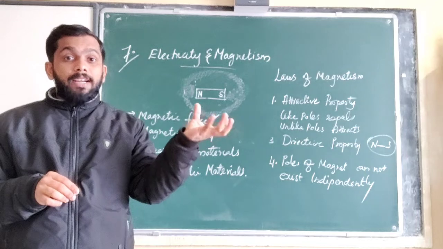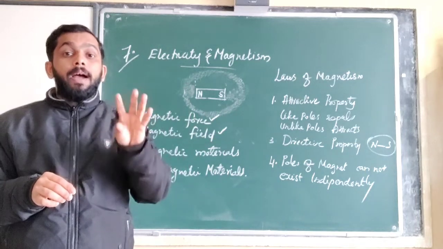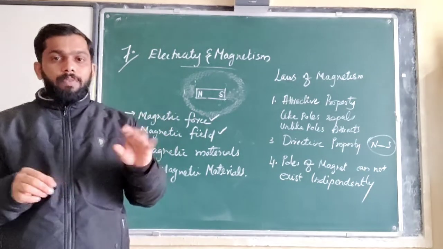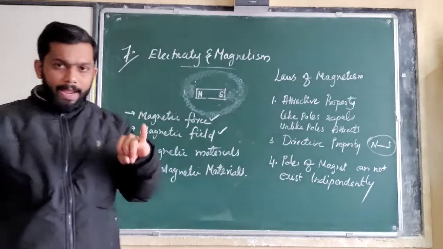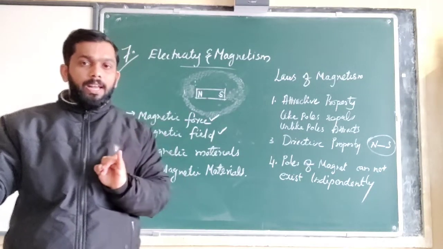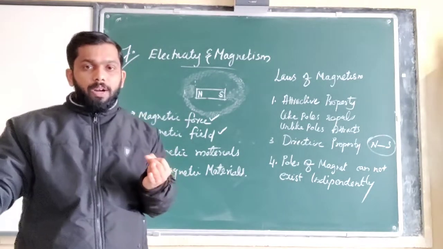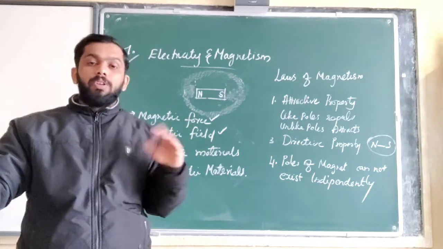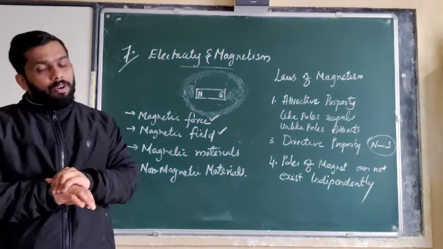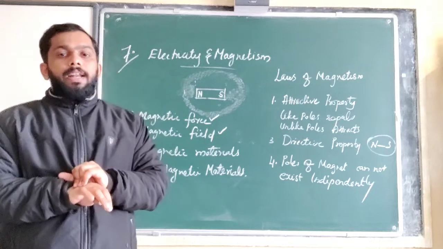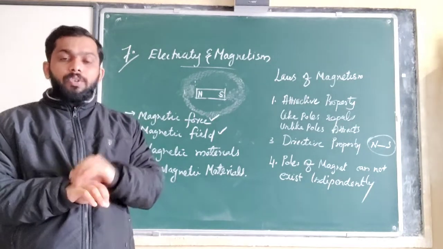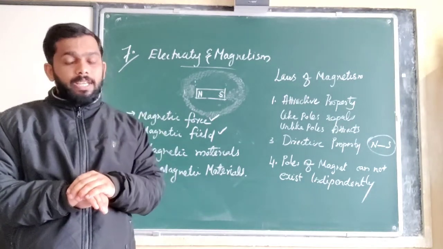For example, iron is an example of magnetic material. And some coins, 1 rupee, 2 rupee coins, will also be attracted. They are also called magnetic materials. And some metals are attracted, so these are called magnetic materials.